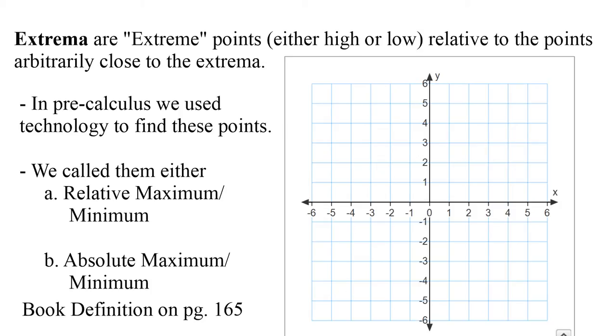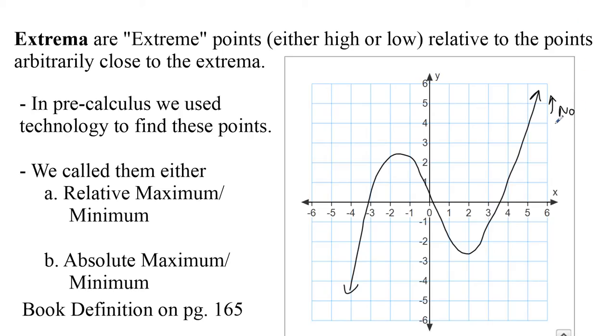Now, if I have a function that looks, let's say, something like this, and I put arrows on the end. Now, this function has no absolute minimum or maximum because this arrow here says that it's going to continue to go on forever.